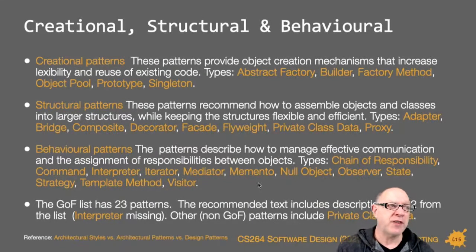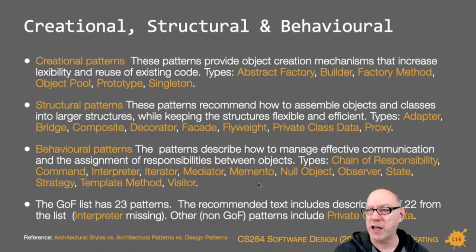Right, so let's move on then to the different kinds of patterns. We know that we have this catalog, and we have the creational, the structural, and the behavioral sections of the catalog. The creational patterns provide object creation mechanisms that increase flexibility and reuse of existing code.